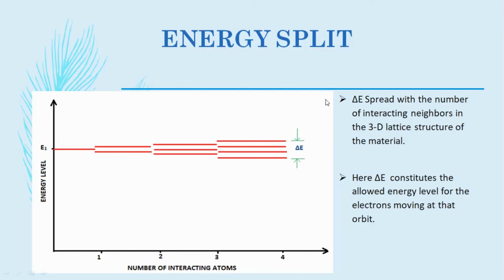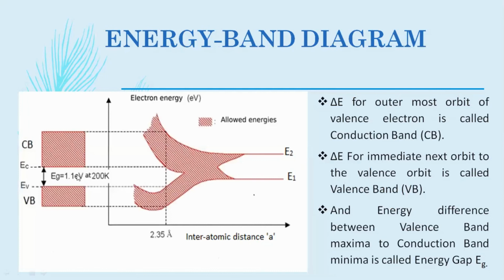Now, inside this valence band, the other band, exactly the inner band, is called the conduction band, and there is some gap between this valence band and the conduction band, called the energy gap.